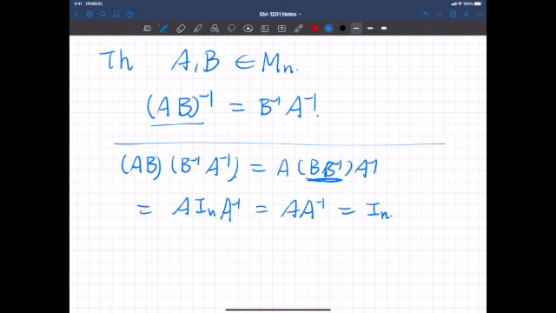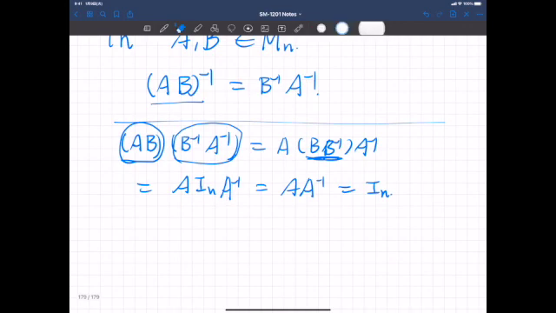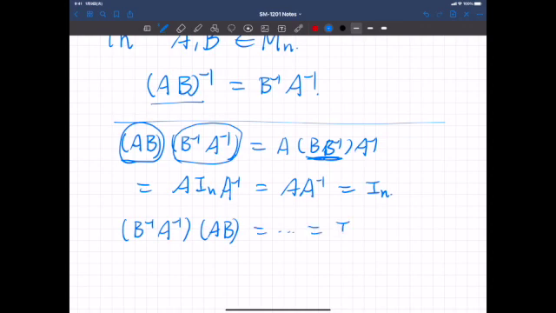So therefore, the inverse of AB is B inverse times A inverse. And you can prove the same thing for the left inverse. That is, if you multiply from the left, you can show that this is equal to the identity matrix. Okay, that's all for this lecture.